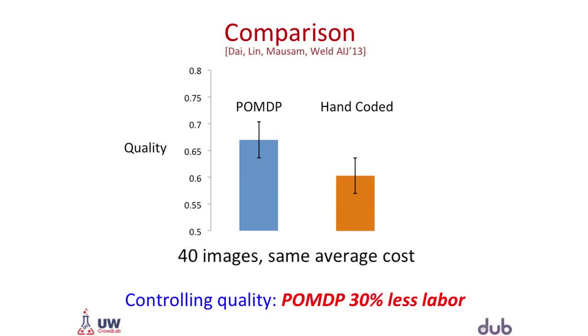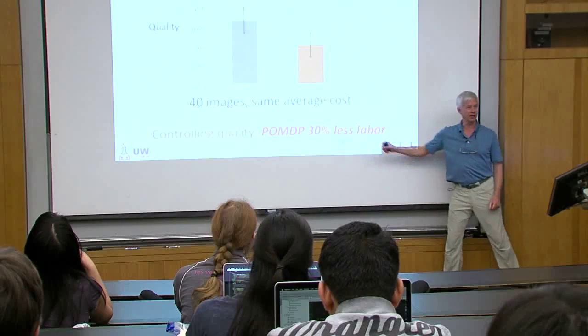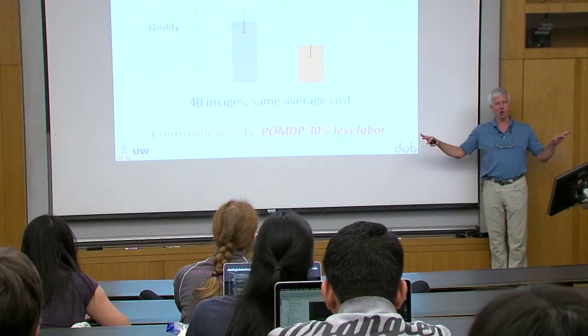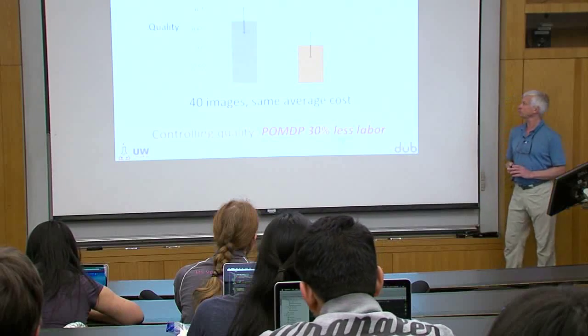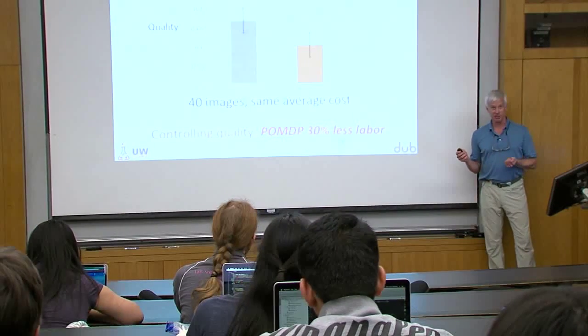In particular, applying it to the image captioning task, what we found is using the POMDP control, we got much higher quality output than we did from using the hand-coded procedure that Greg Little used in his PhD thesis. Or if you control for quality, we ended up getting the same quality with 30% less labor, which is a lot less labor.